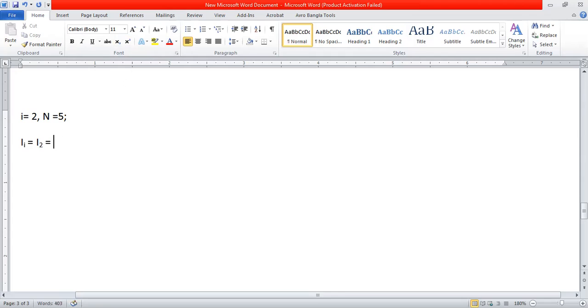Then the equation should be capital Y I N into V N, where n starts from 1.